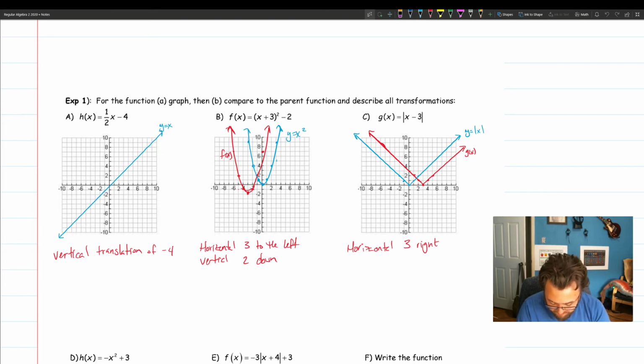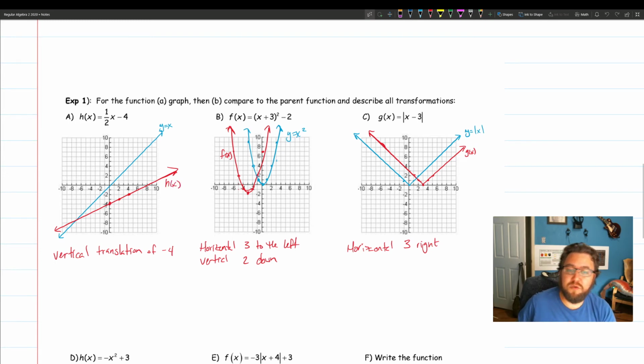So it says I've moved it down 4, so 1, 2, 3, 4. Make my y-intercept. Now it says my slope is 1/2, so it's 1/2, like this, which definitely changes what the angle looks like. And this would be our h of x.